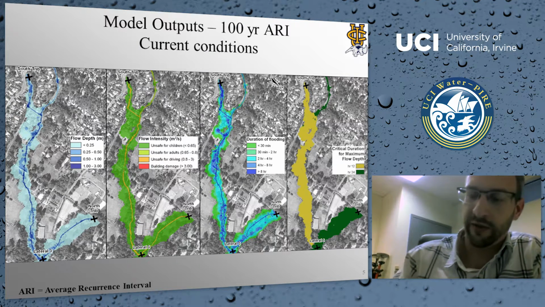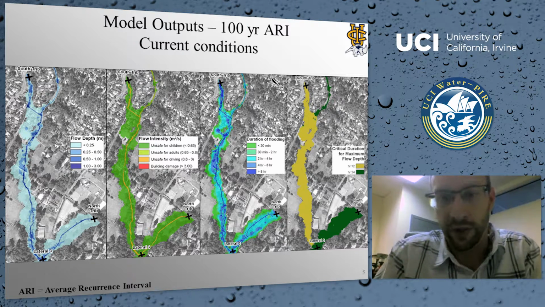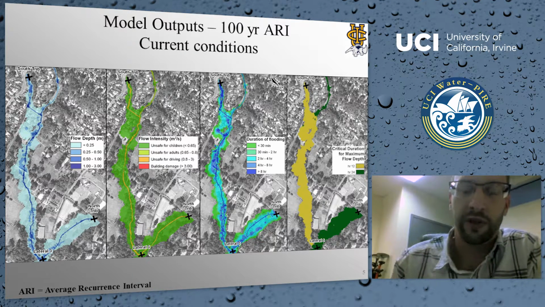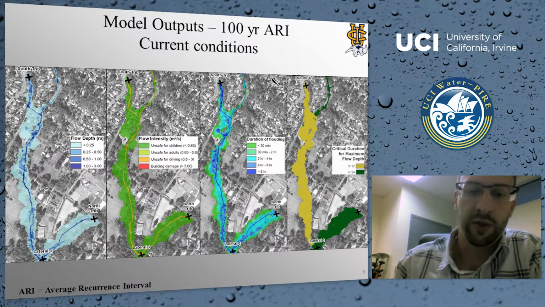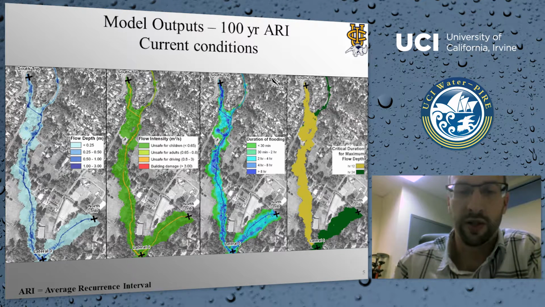All right, so moving on to slide 5, I want to show you what some of the outputs look like from our hydraulic model. Bearing in mind that we've run a lot of simulations, I'm just going to pick and choose some outputs that are interesting to look at. On this slide, what I'm showing is the outputs from the 100-year events.